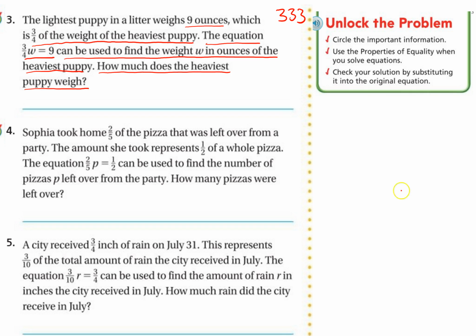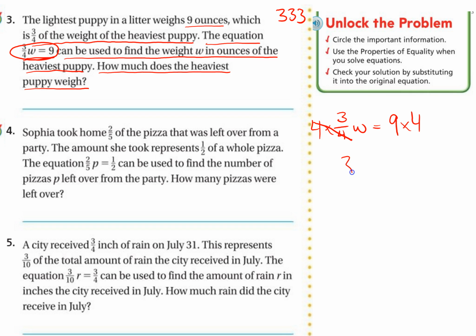Okay, I'm going to show my work right over here on the left. Again, you can use scratch paper and you never need to erase your work. Just get more scratch paper, that's fine. Okay, 3/4 times W equals 9, that's my equation. To get rid of this 4, I have to multiply both sides by the denominator.